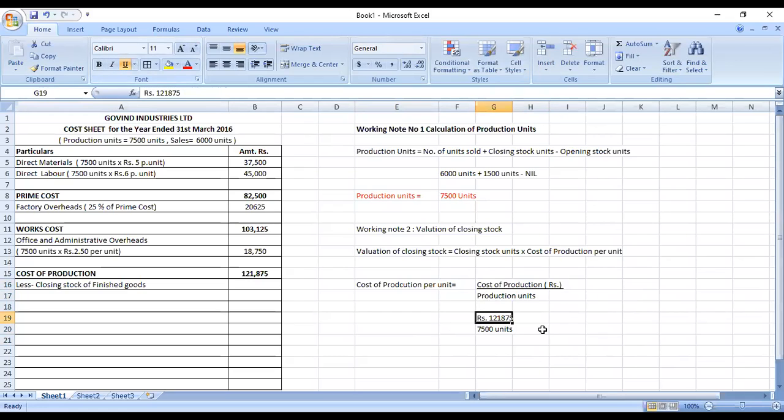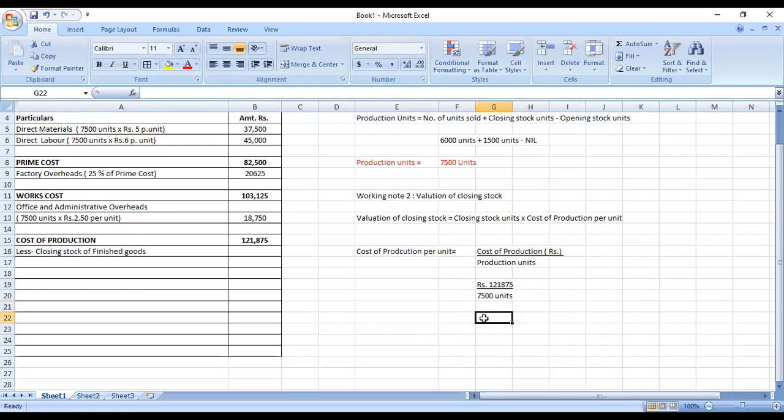121,875 divided by 7,500, how much does it come to? It comes to 16.25. What is 16.25?